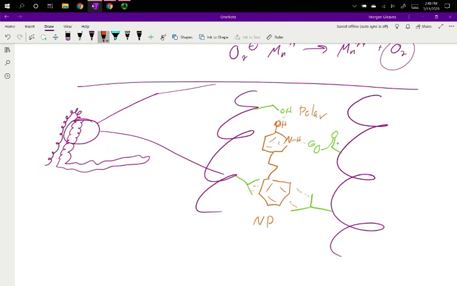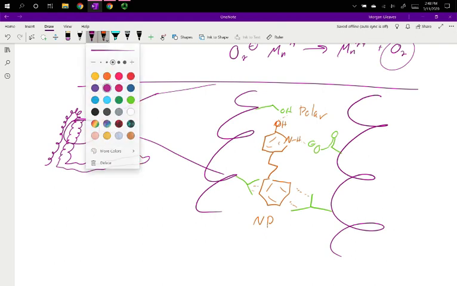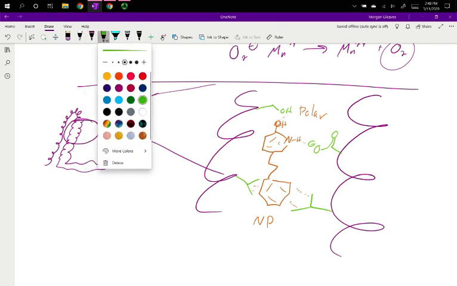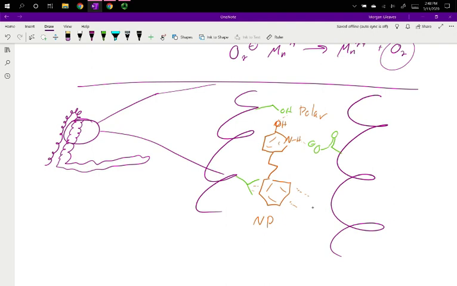If these groups had been a little further away, let's say that this non-polar bit was further down, it wouldn't be able to interact. This would be too far away, too big a distance. And as a result, they wouldn't be able to capture and interact with that non-polar section.